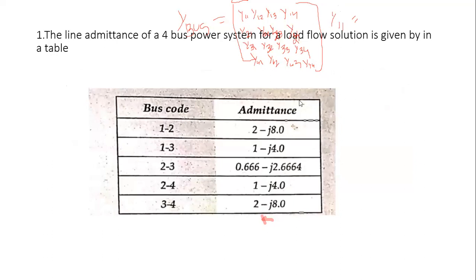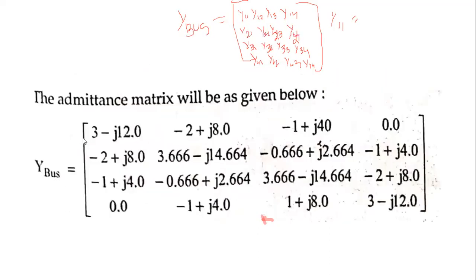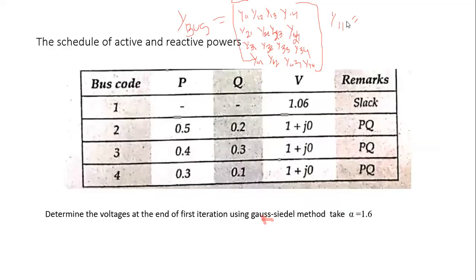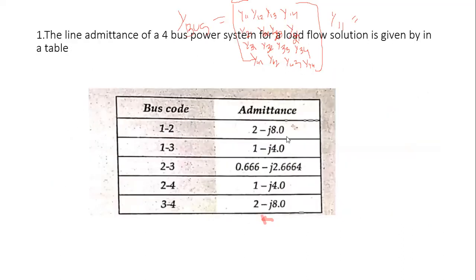Y11 is equal to 2 minus j8 plus 1 minus j4, that is 3 minus j12.